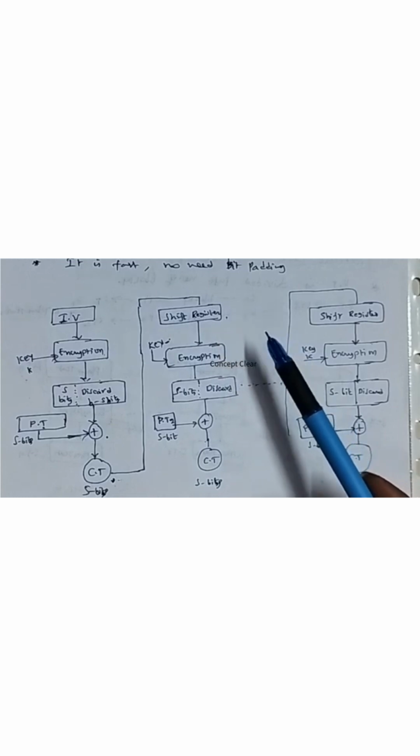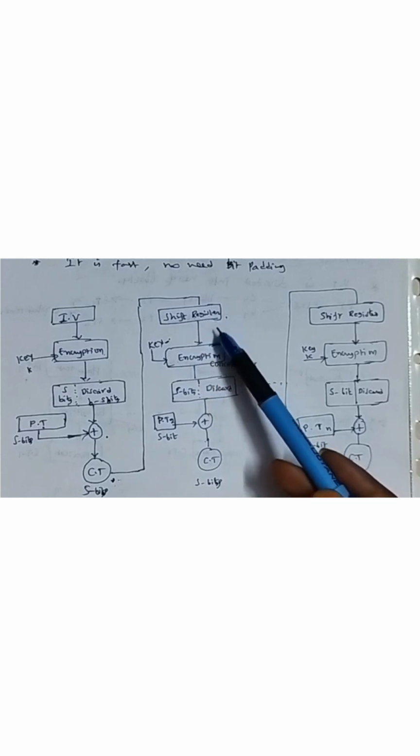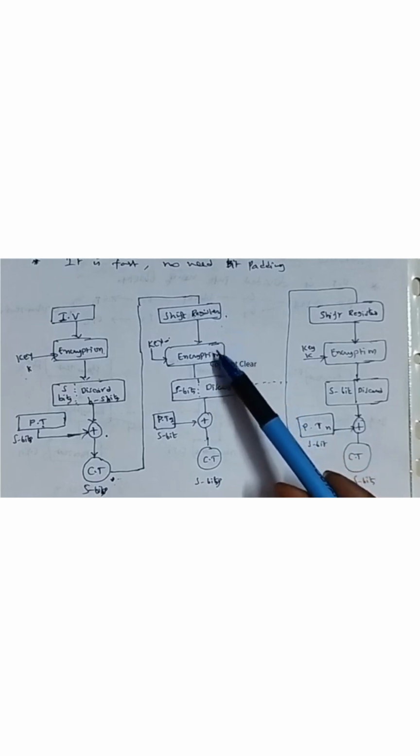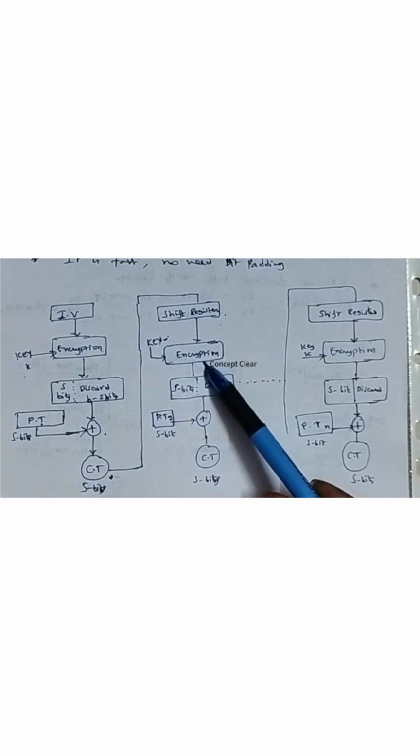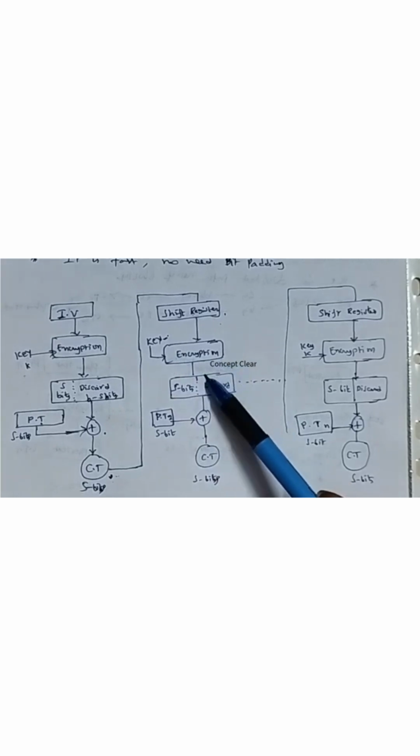The top register will shift towards the left side in order to accommodate the ciphertext inside it. Again, the n bits will be encrypted using the secret key, and you will get a ciphertext.